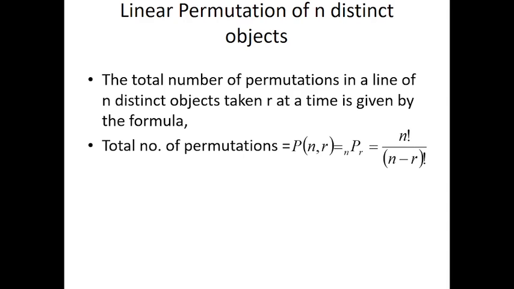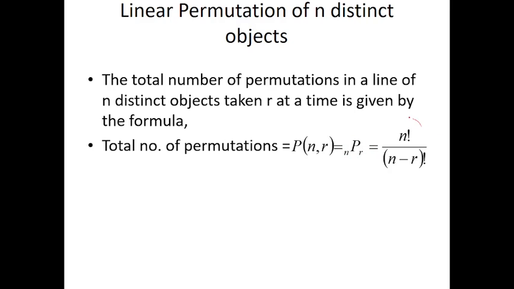Here's the formula. The permutation of n objects taken r at a time. This is the notation, P and R. Pwede rin siyang nPr.